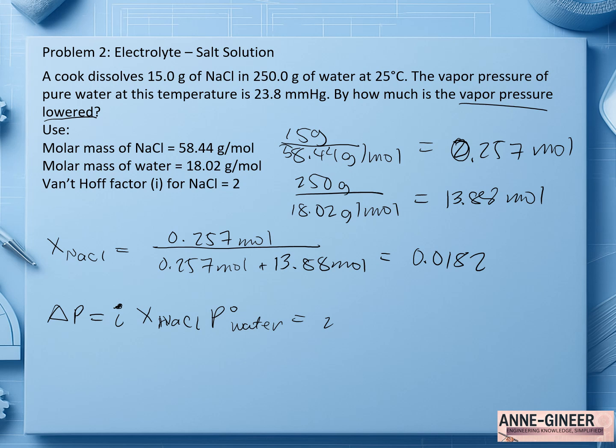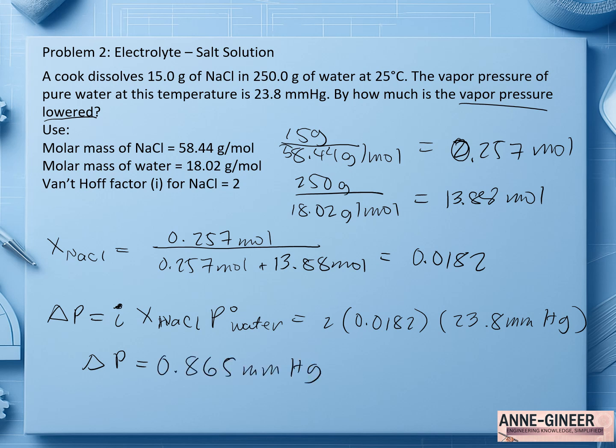So we have 2 times 0.0182 times 23.8 mmHg. So the vapor pressure lowering is 0.865 mmHg.